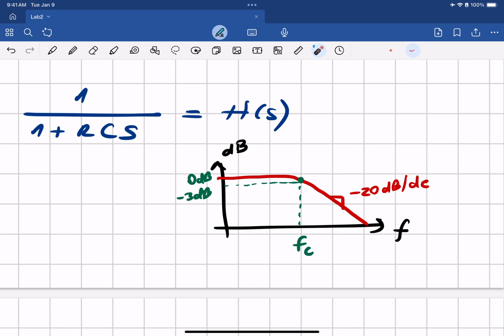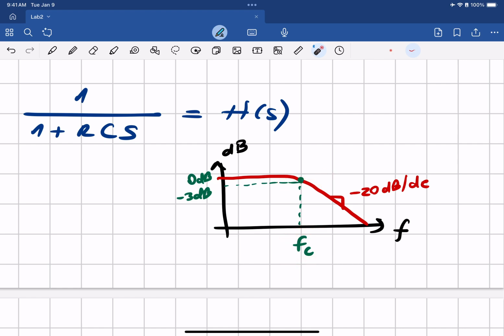Why is this important? Because it allows us to know what frequency achieves half power. Before this, we have more than half of the power on the output side. For frequencies higher than the cutoff frequency, we're going to have even less than half power.